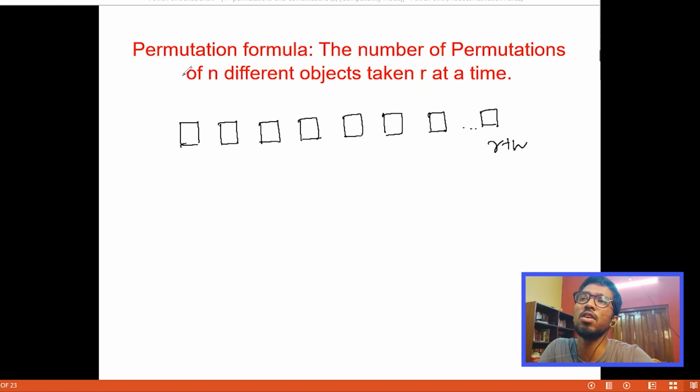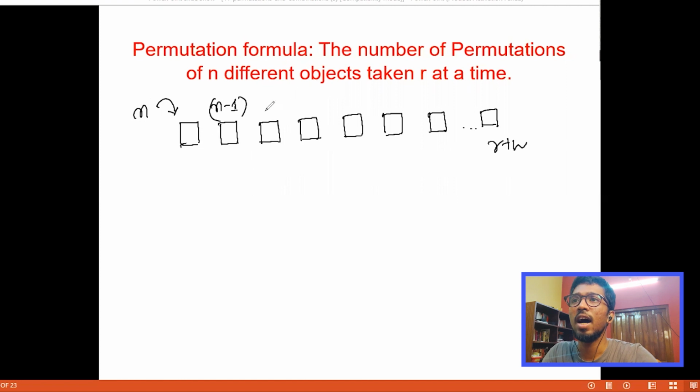If I go for the basic principle of counting, in this flow we have to find the r arrangement, right? In the first position, how many objects can I put here? Obviously, as we have n different objects, I can put n different objects in the first position. After putting one, I can put n minus 1 different objects in the second one.